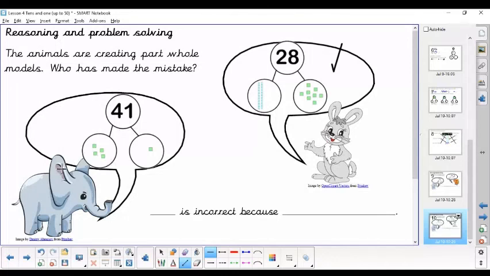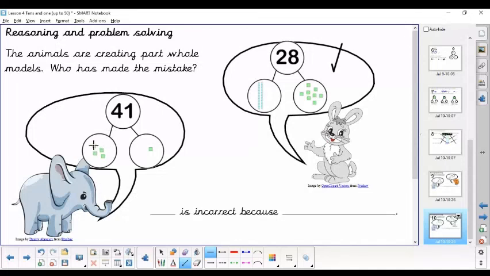That must mean, again, the very forgetful elephant has gotten the maths incorrect. Let's have a look. In the number 41, there are 4 tens. Let's move down to this part. What have they done? They've used 4 ones to show 4 tens. That's incorrect, isn't it?